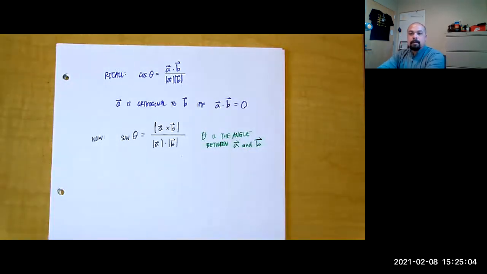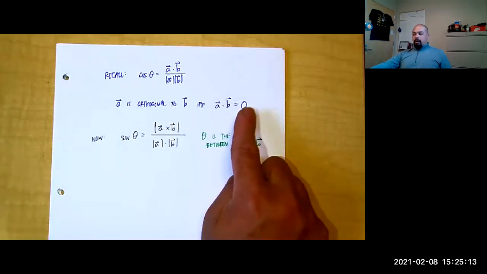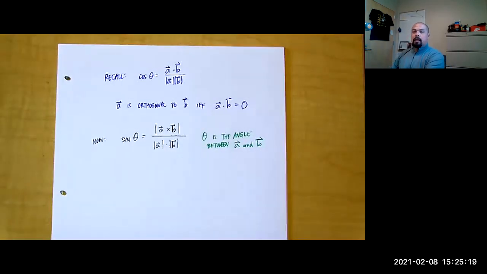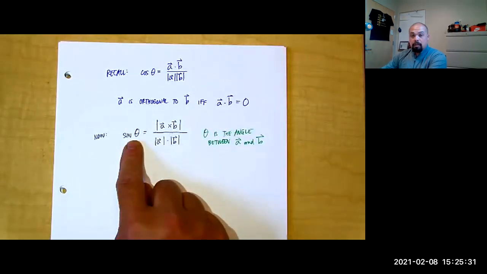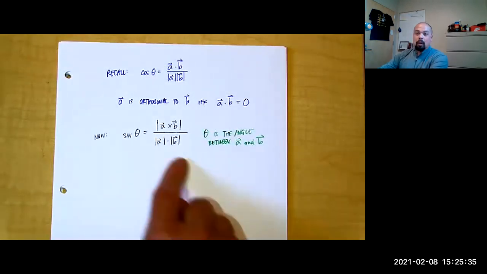Okay. And so since we had that consequence that, well, if the cosine is equal to 0, that must mean your angle is pi over 2, right? 90 degrees, perpendicular or orthogonal. So now, in that same kind of context, if the sine is equal to 0, that must mean that the angle is 0 or 180.